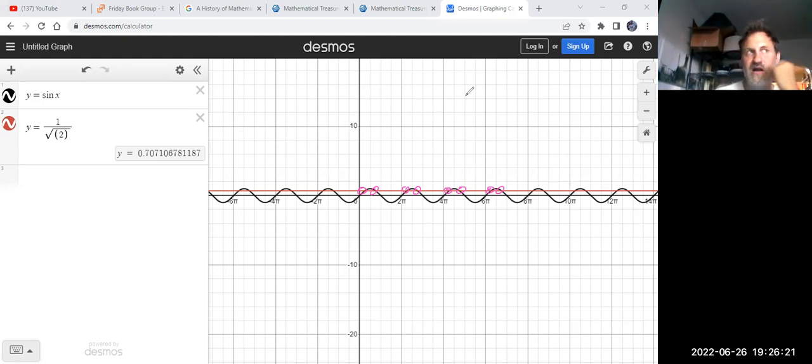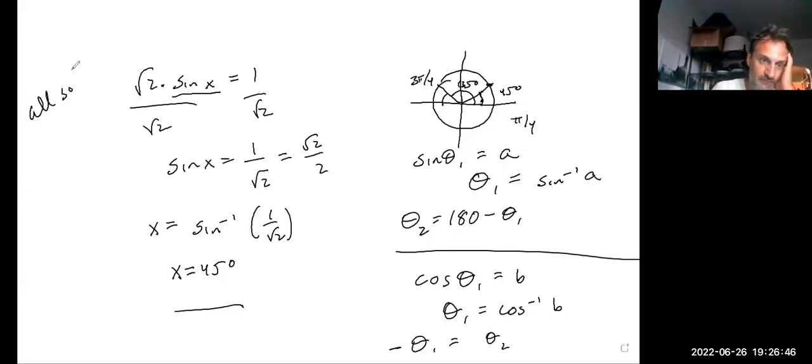So my finding two solutions is just the starting point, because then I can just add on a period to get to the next solution. And as long as there's no factor inside, which is making my period different, I can just add 2 pi. So the finish line of this problem, if I'm getting all solutions, is this.